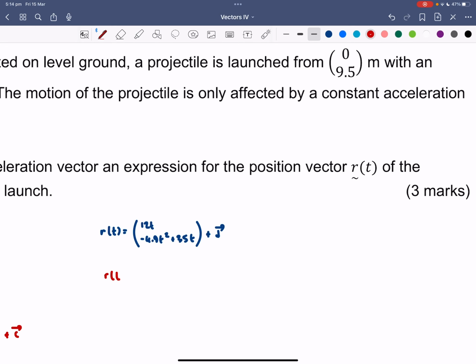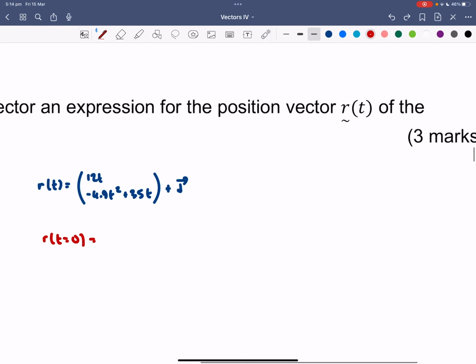We're told that r at t equals 0 is 0, 9.5. So we can just sub in 0, 9.5 into this expression. And if we sub 0 into here, we're lucky. Now remember, it's not always the case.